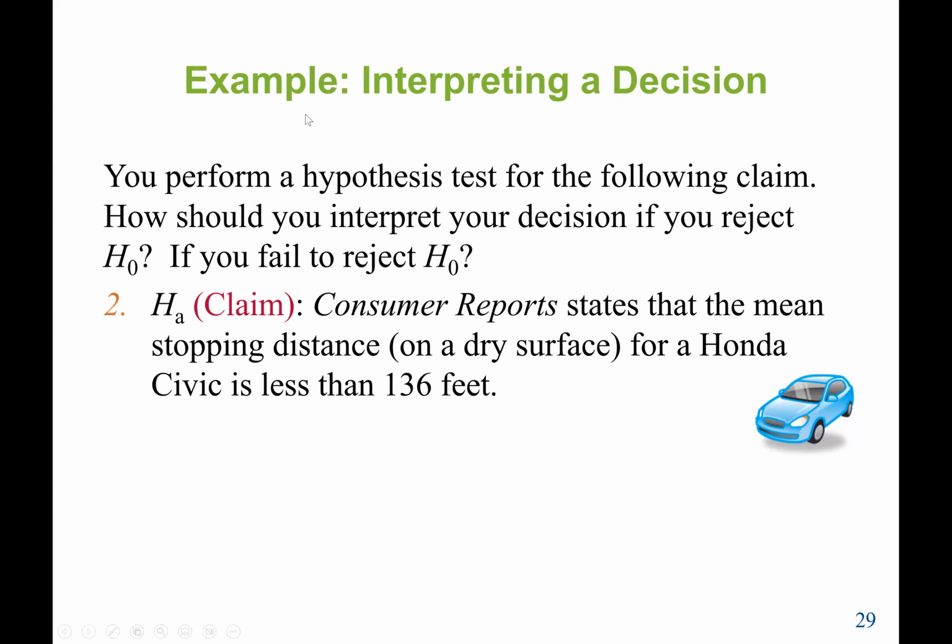Here we have the next question. You perform hypothesis testing for the following claim. How should you interpret your decision if you reject HO, and if you fail to reject HO? Consumer Reports says that the mean stopping distance on a dry surface for a Honda Civic is less than 136 feet.